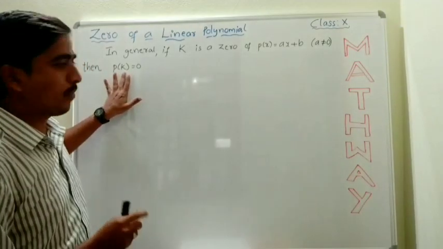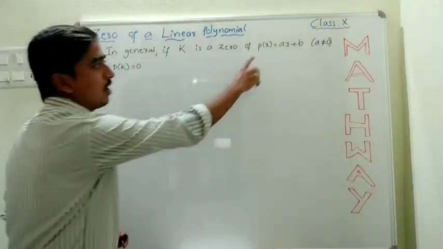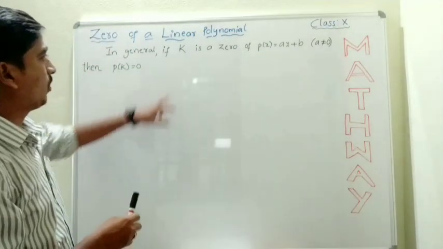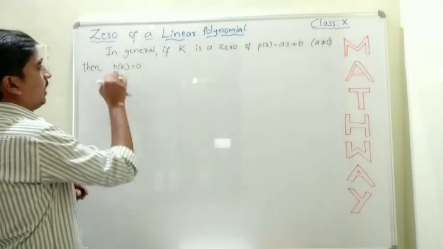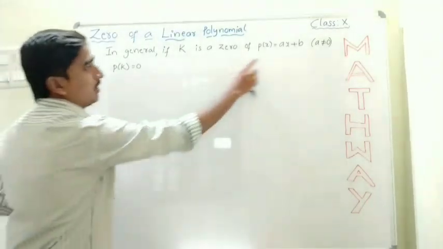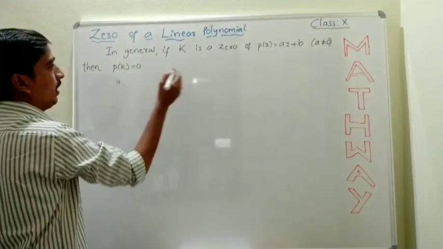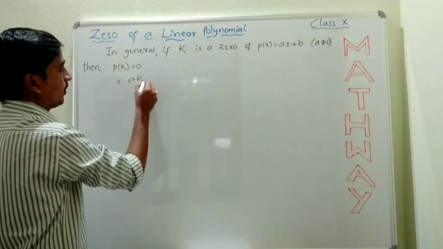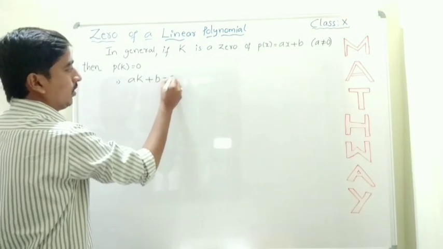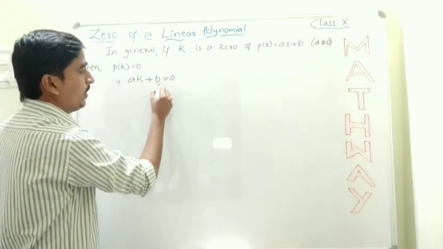To find the zero of a polynomial, we have to make that value equal to 0. Now let's see what is the value of k. So we can take p of k equals 0. It means in the place of x, substitute k. Then we get ak plus b equals 0. Then transpose b to the RHS.